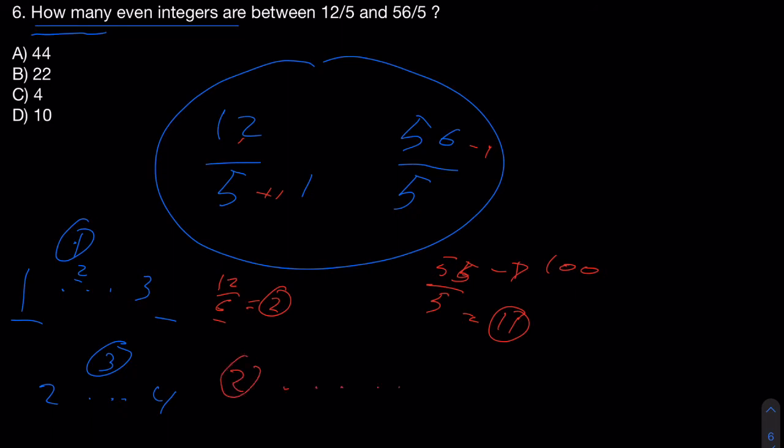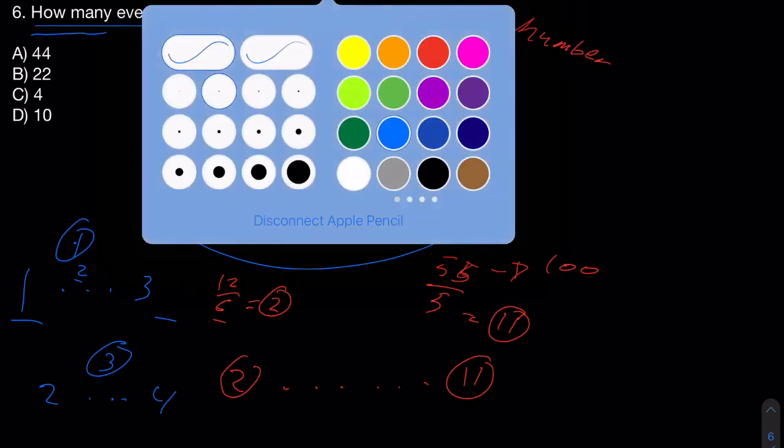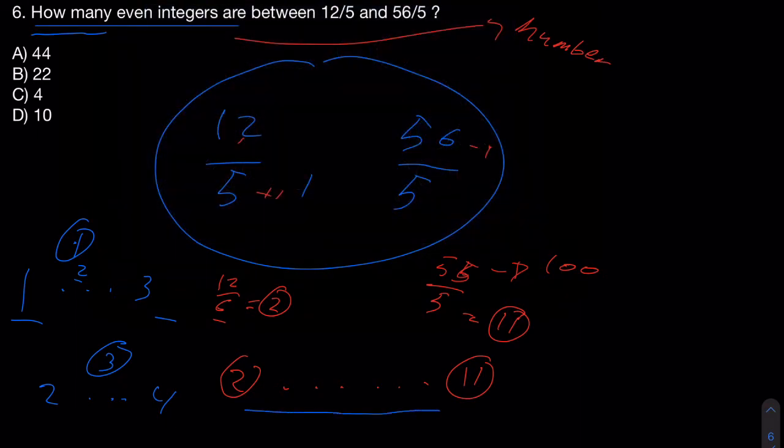So how many even integers? And by the way, integer just means number. It's just a different wording for it. So integer is number. All right, now let's see how many even numbers are between 2 and 11. You don't count 2.